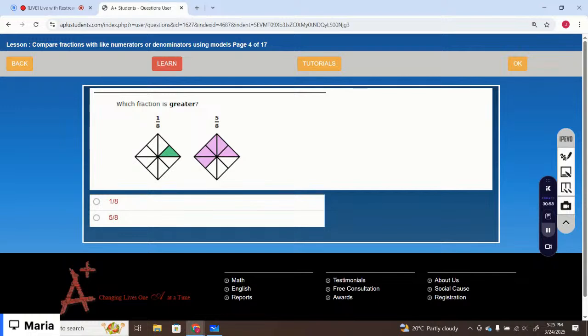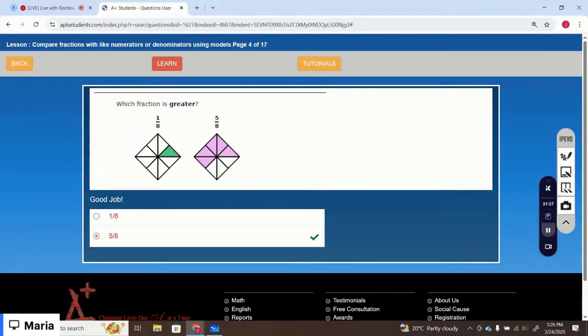Which fraction is greater, 1 by 8 or 5 by 8? 5 by 8 is greater. Option number 2 is the correct option.